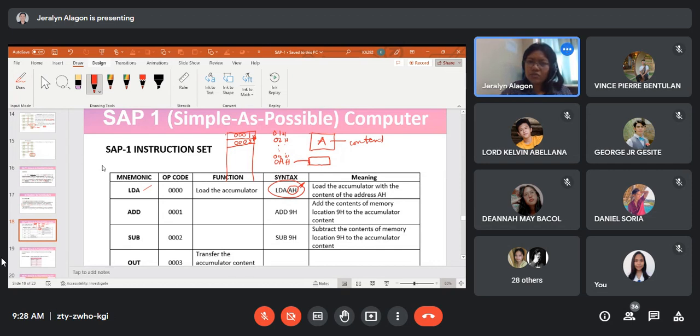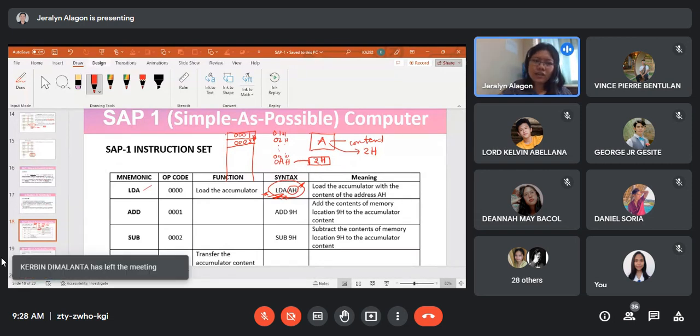For instance, if address AH contains the value 2H, since this is hex, then after reading this, the accumulator now contains the value 2H. That is what it means to write the syntax LDA AH.